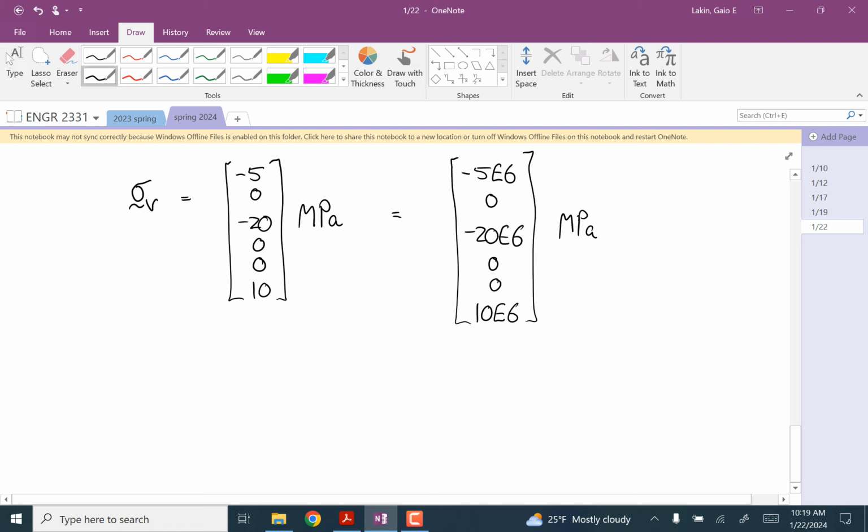And so the XX normal strain is equal to 1 over E times -5 times 10 to the 6, minus nu over E times -20 times 10 to the 6.